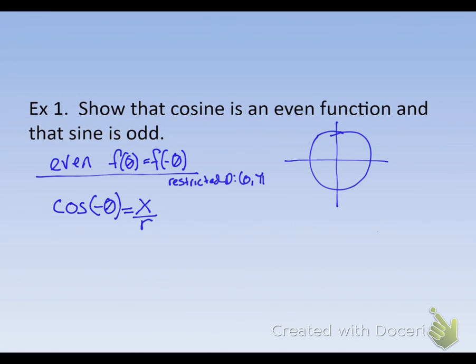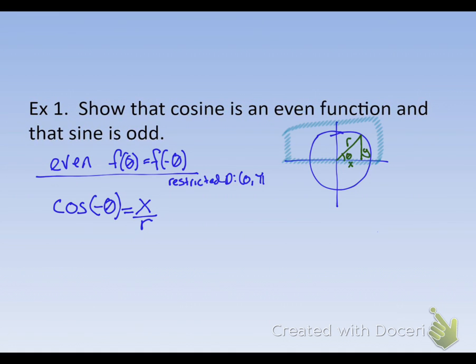This is just to visualize what we're seeing. You don't necessarily have to write it. You have your theta. We have our x value, our y value, and our r value. For it to be cosine, it's going to be the top half where our x is positive and our y is positive.